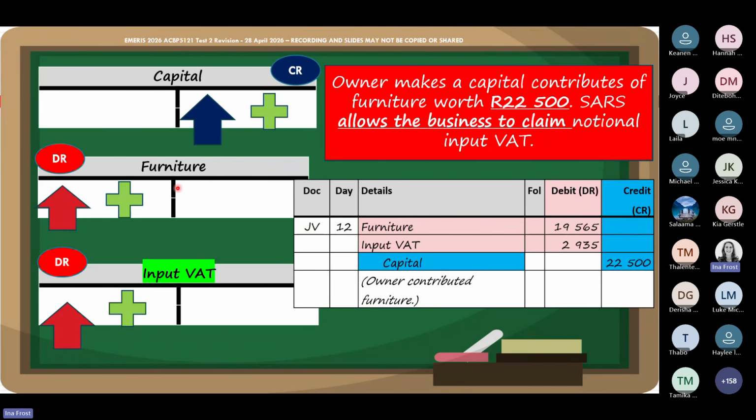So I'm going to debit furniture. There you can see it. I'm going to debit input VAT. There's the debit. And I'm going to credit capital. And you can see the furniture and input VAT is sitting in the debit column and capital in the credit column. So that's why it's so important that you first do the first 2 steps.